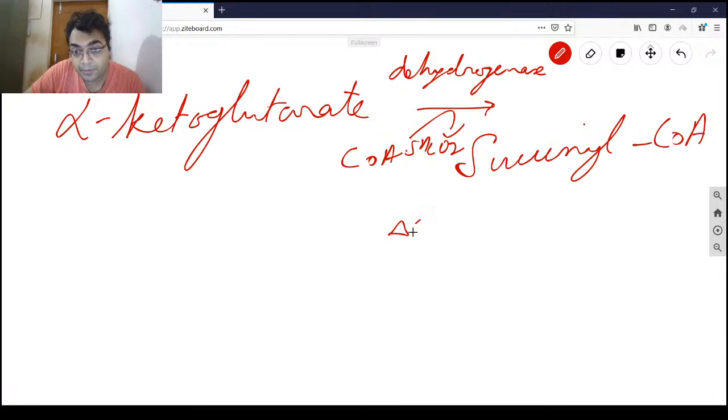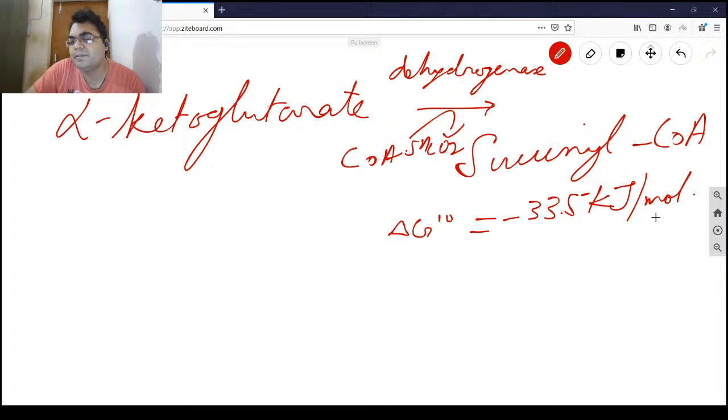So the del G naught is minus 33.5 kilojoule per mole. If you have studied thermodynamics, you will know that negative del G means spontaneity in the reaction. The reaction is spontaneous and will proceed in the forward direction towards the formation of the products. So it is very essential.